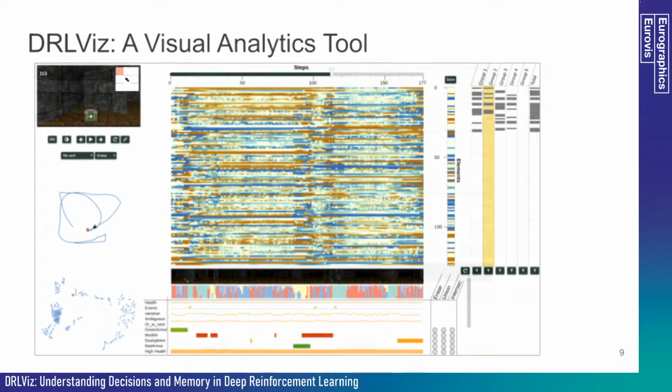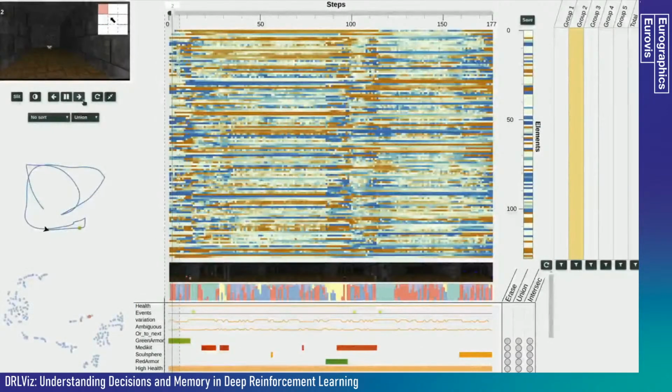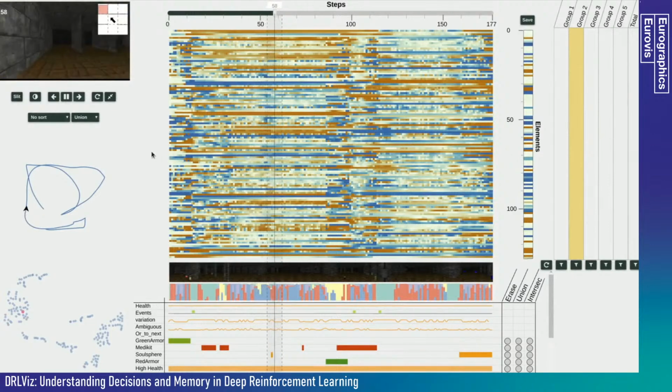The workflow in DRLVis usually goes as follows. The user starts playing episodes in which the agent gathers items. Now, let's say we are interested in how the memory behaves when the agent sees a green armor. We can branch the memory to filter timestamps in which the agent has a green armor in its field of view.